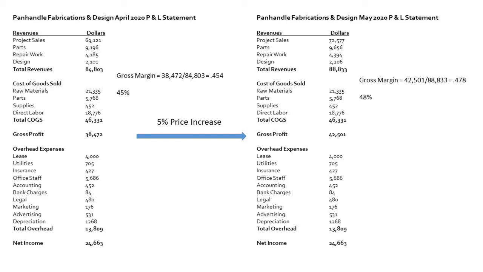And what this means on an incremental basis is that each sales dollar that we receive from a customer now yields us 48 cents of gross profit instead of the 45 cents of gross profit from the earlier profit and loss statement. And that is a lot of what we're going to talk about in future videos. What pricing moves can we make to improve gross margin and improve profitability?